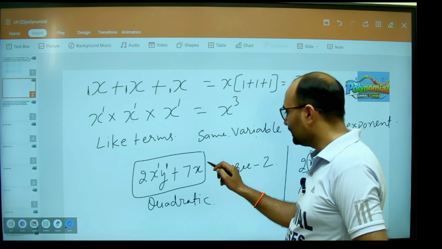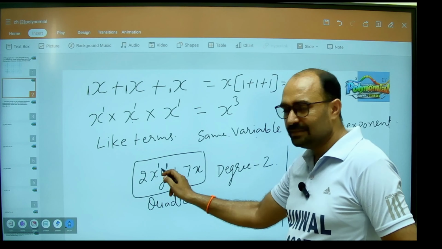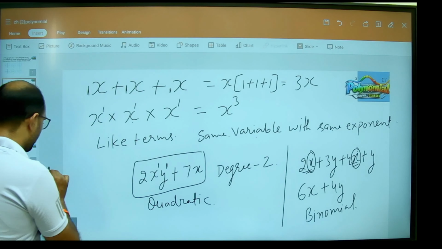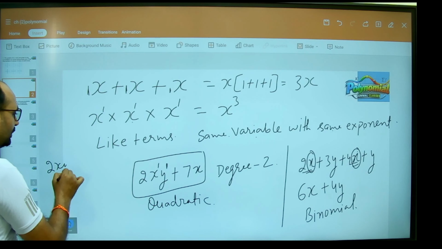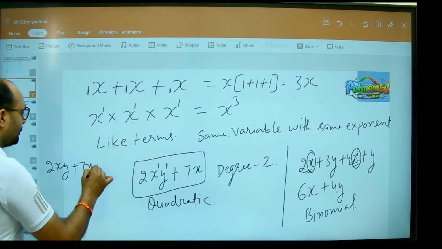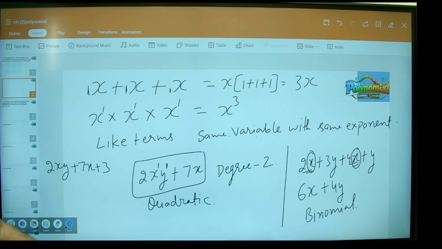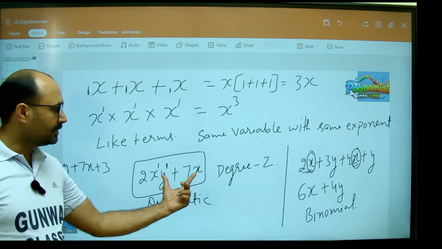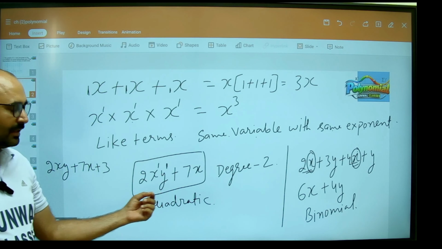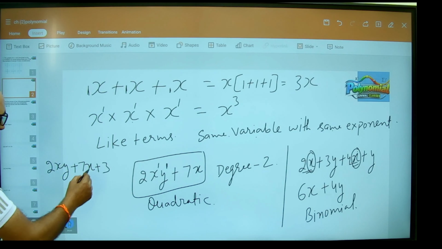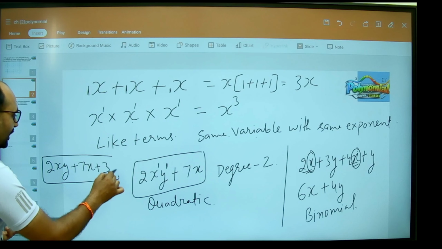If we write this as 2xy plus 7x plus 3. Earlier, 2 terms were there, so it was binomial. Now this is quadratic but not binomial.